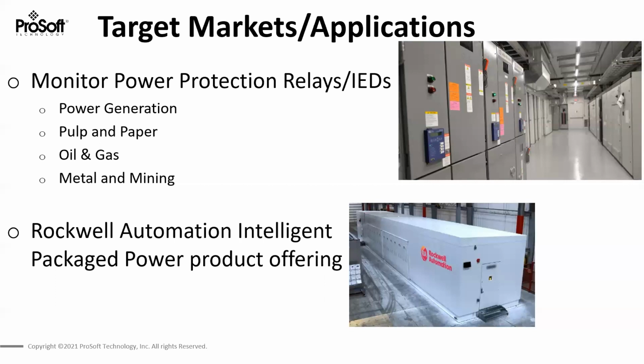These power protection relays are used in anything from power generation applications, pulp and paper, oil and gas, metal and mining, heavy materials. And as far as Rockwell Automation, they do have a packaged power product offering, and the products that we'll be talking about today are a critical component of that intelligent packaged power product offering.